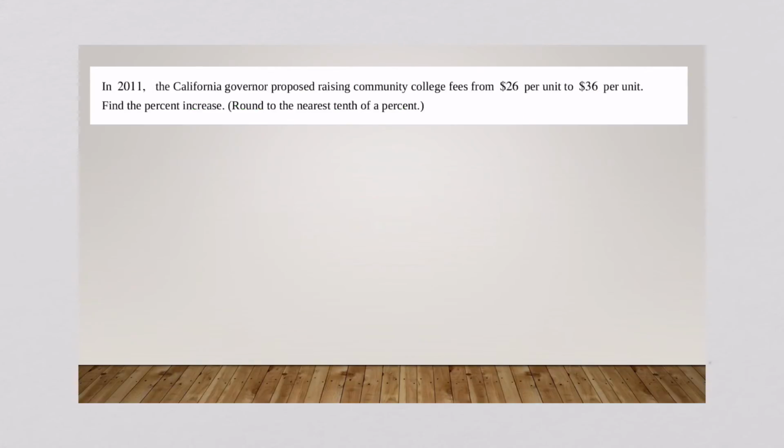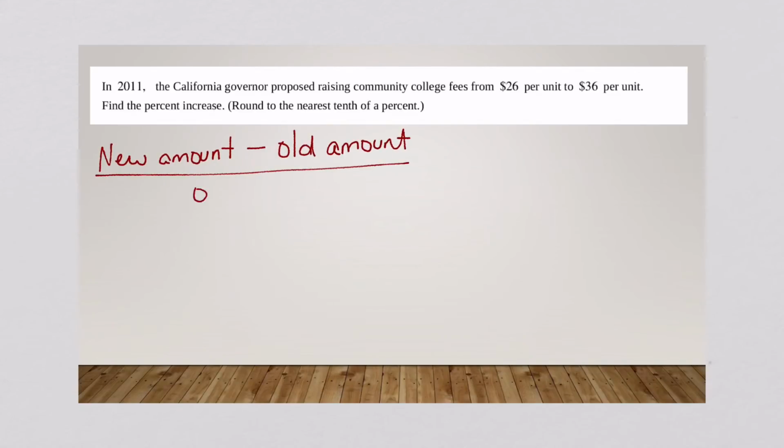Okay, to do a percent of increase problem, you take your new amount and you subtract your old amount, then you divide by the old amount. So in this problem it says they raised the community college fees from 26 to 36.